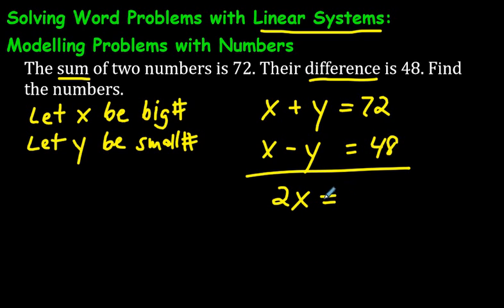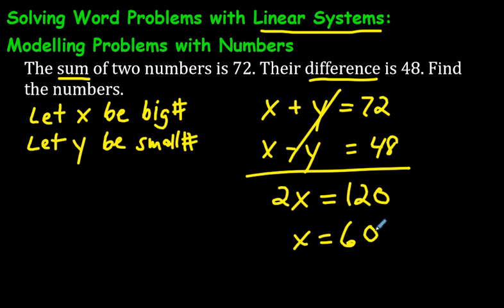I'm not including the y beside it because positive y and negative y cancel. They become 0. 72 plus 48 will give us 120. Divide both sides by 2 to get the final answer.